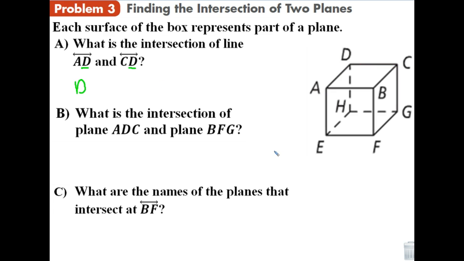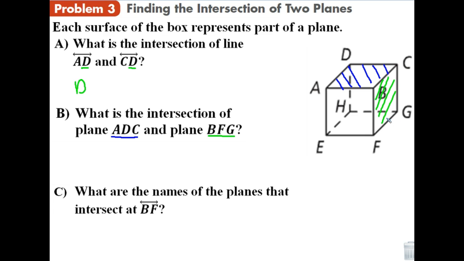Next question asks, what is the intersection of plane ADC and BFG? Let's figure out where those planes are first. ADC, if we find points A, D, and C, that's on the top of the box. So it looks like here we're talking about the top plane. And BFG, those are all on the right side.